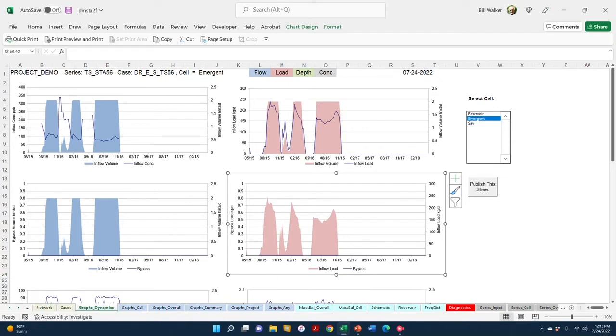So it builds in a certain amount of a conservative estimate of the performance, and hopefully as we improve the model at a shorter time step, we'll be able to represent that.